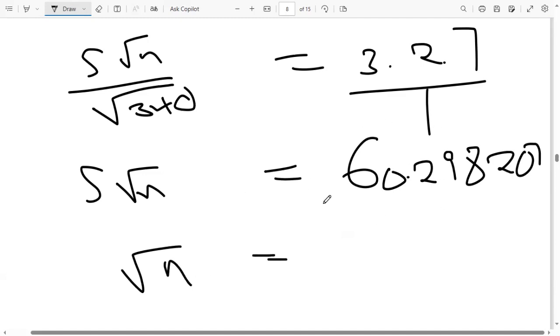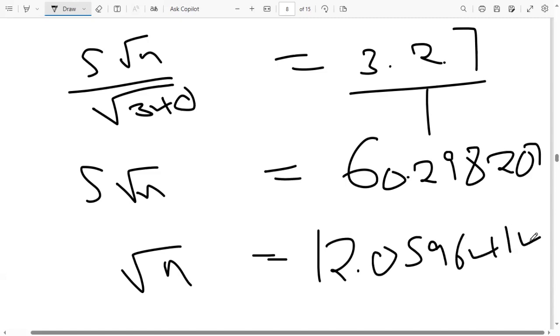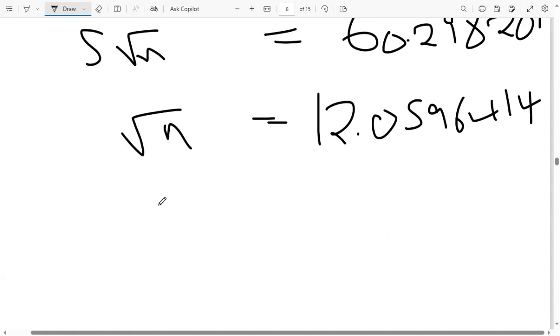Okay, so I do 60.2982207 divided by 5. I'm going to get 12.0596414. But I want to find the value of n, so I'll square both sides.